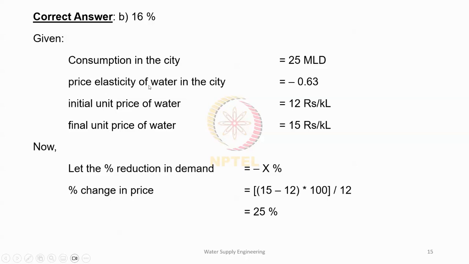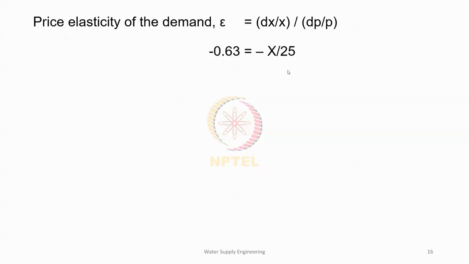Now it is given price elasticity is minus 0.63. So we have the equation for price elasticity epsilon as dx by x by dp by p. We have this price elasticity given already, and the change in price in percentage is 25. We just calculated that.